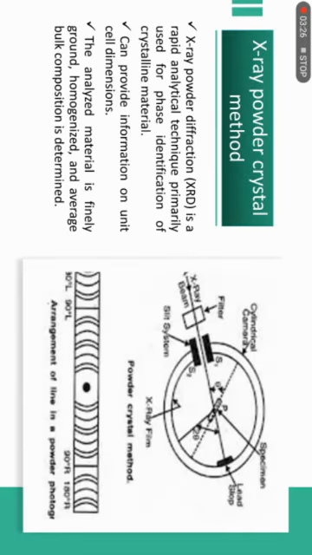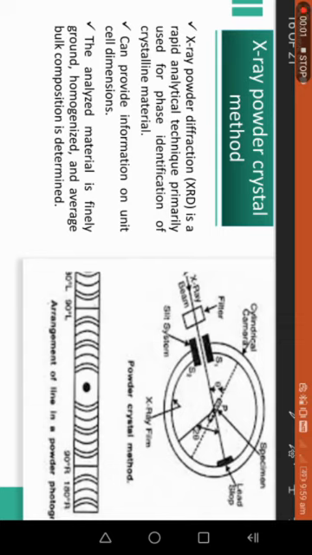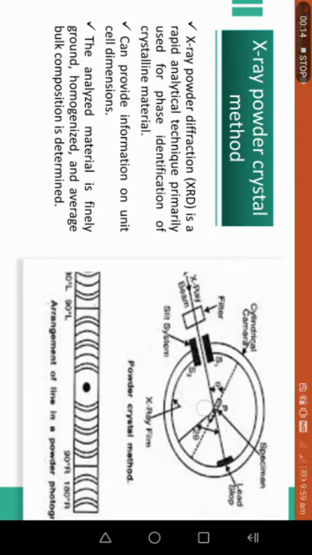So now what we have is the X-ray powder crystal method. In this, a powder form of the crystal is used. The crystals we have are crushed, made into powdered form, and kept in the capillary tube at this point P, which we are seeing here.